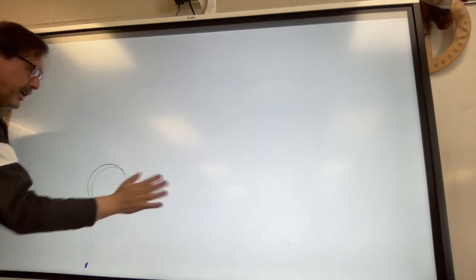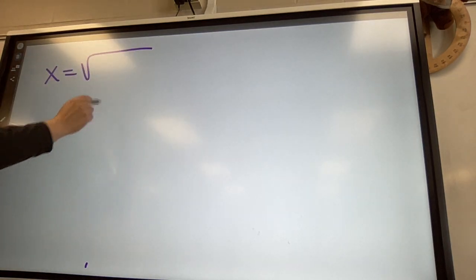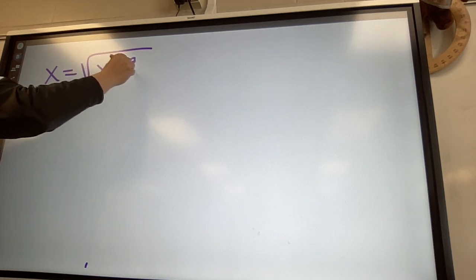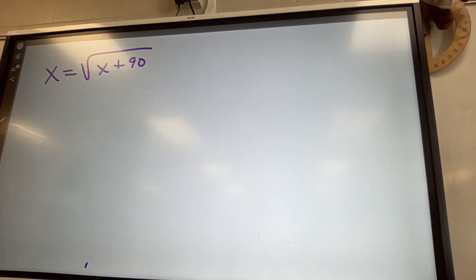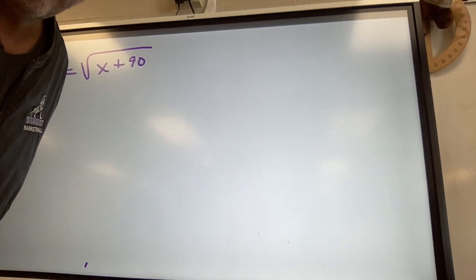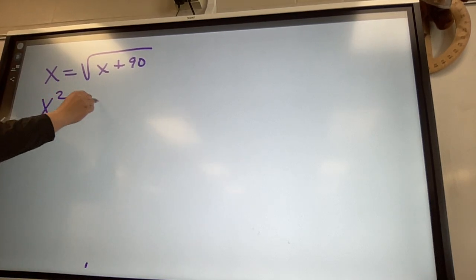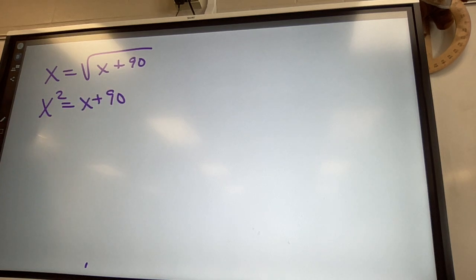And from yesterday, solve x equals the square root of x plus 90. Square both sides. Take away x on both sides. Take away 90 on both sides.